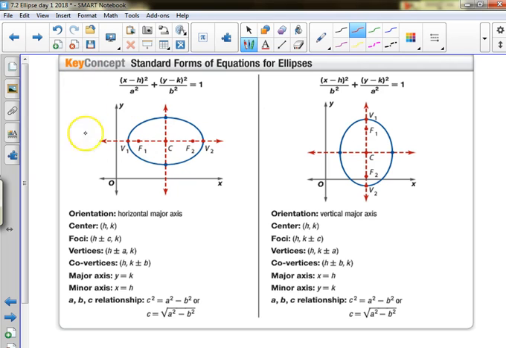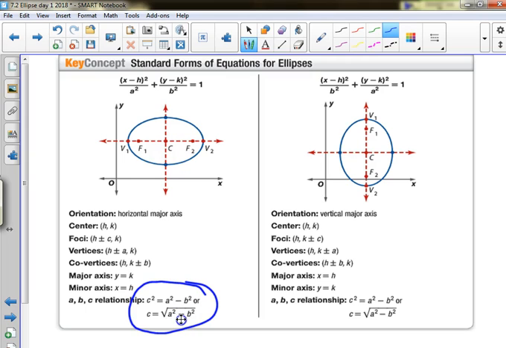All right. Then it talks about how to find the foci, the vertices. The co-vertices are the ends of the minor axis. That makes sense? All right. Equation of a major and minor axis, which I'm not going to ask you about. The foci has to do with C. And C comes from this.